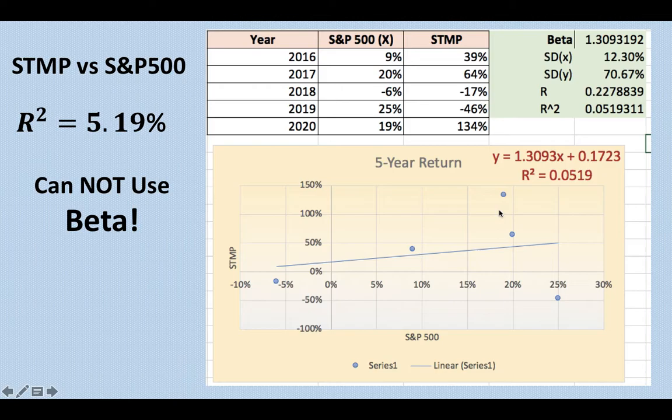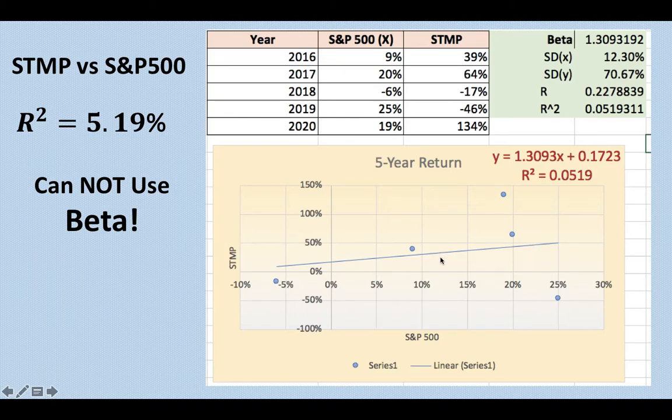What does this tell you? This basically tells you the Stamps last 5 years return is not really correlated with the S&P 500 return. You can clearly see all the dots relative to the line are just all over the place.